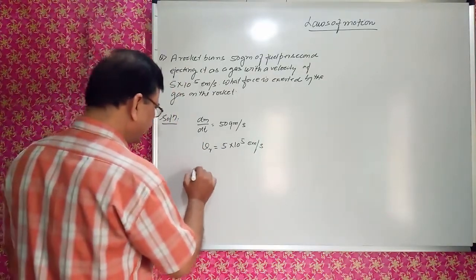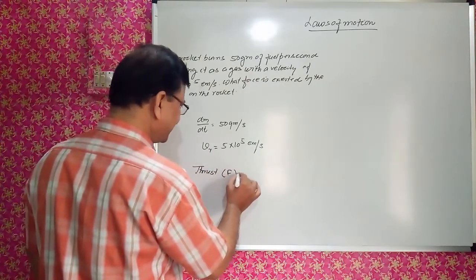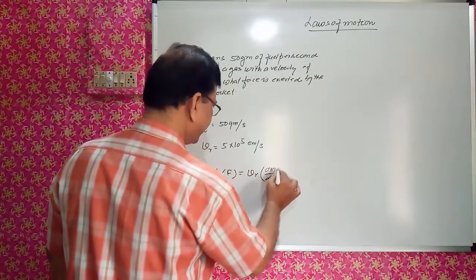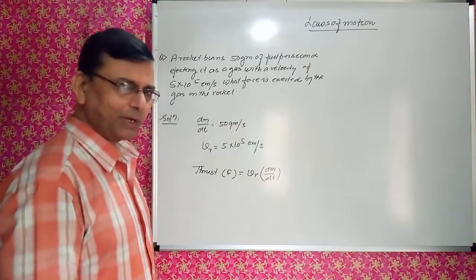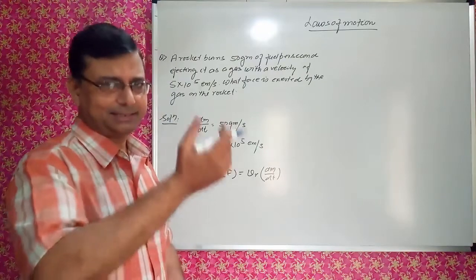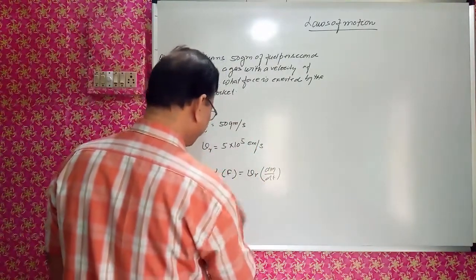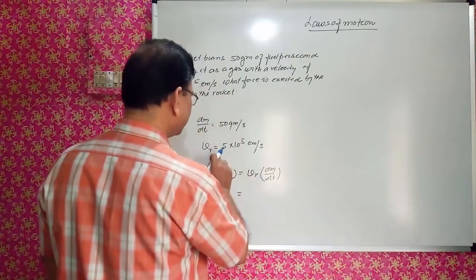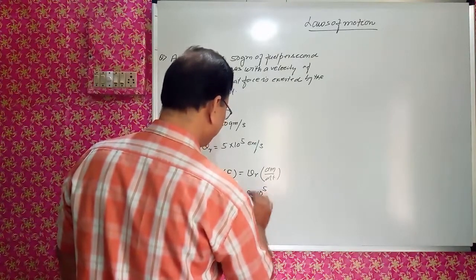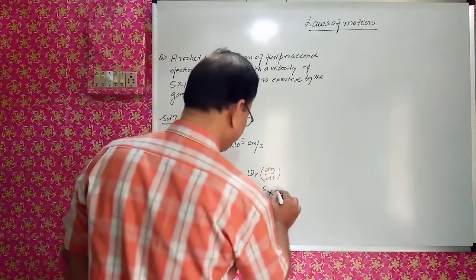We know that thrust F is equal to Vr dm upon dt. In the beginning, the first formula I derived was that Vr into dm by dt is the thrust by the gas in the upward direction. So you put in the values and you will get the value of F. Vr is 5 into 10 to the power 5, into dm by dt, which is 50.